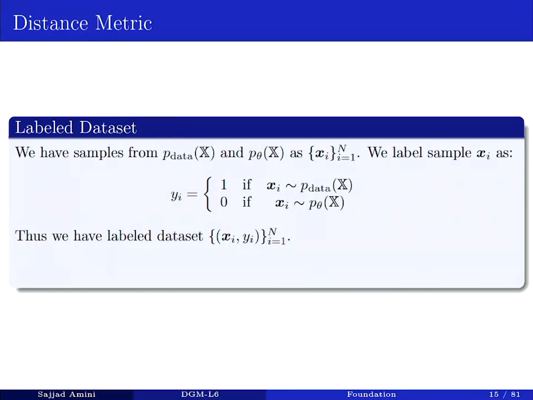And the next point is that to design the divergence or distance metric, we design a labeled data set. That labeled data set is such that each sample is labeled by its origin, whether it is coming from the data distribution or it is coming from the model distribution.